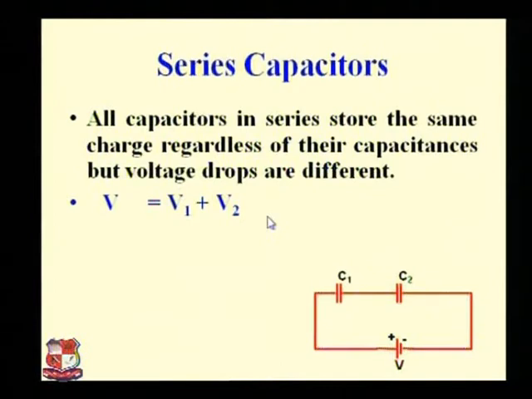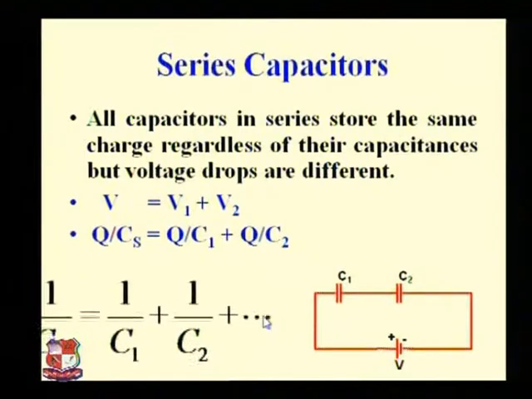As seen previously, we also replace the value. Q is equal to CV, so V equal to Q divided by CS equal to Q upon C1 plus Q upon C2. As Q is common in both terms, we take it outside, and Q on the right hand side and left hand side are equal, so the Q term is discarded.